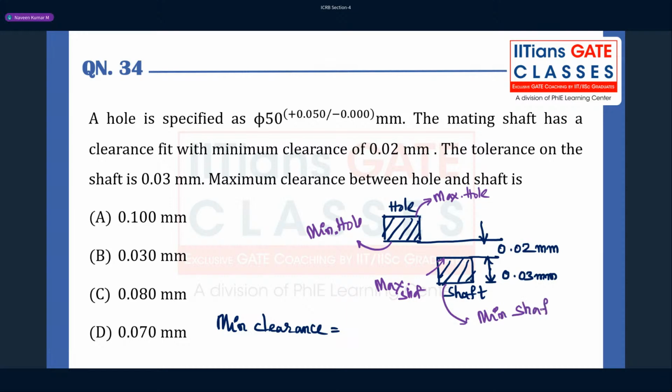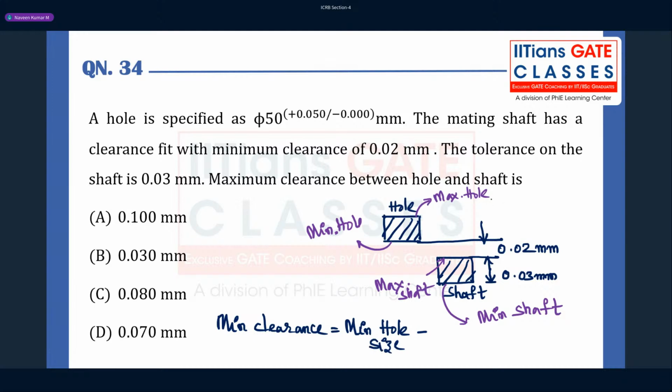Now tell me, how will minimum clearance come? You take the maximum shaft size and the minimum hole size, and minimum clearance will come. So the formula says it is nothing but minimum hole size minus maximum shaft size.